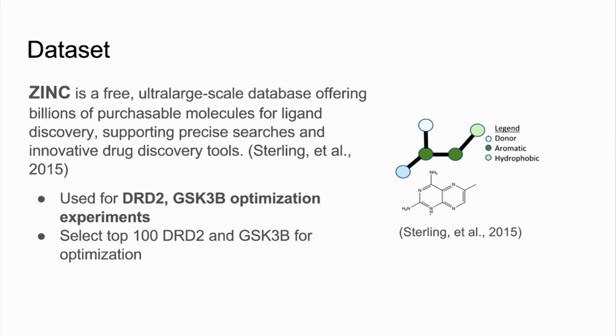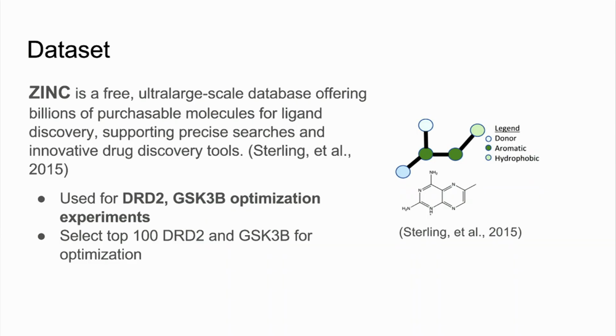So for our experiment, we generally use two data sets. The first data set is called ZINC. It's a large-scale data set often used for ligand discovery or drug discovery problems. We initially used that for the DRD2 and GSK3 beta optimization experiments.